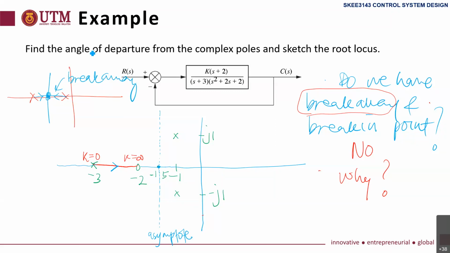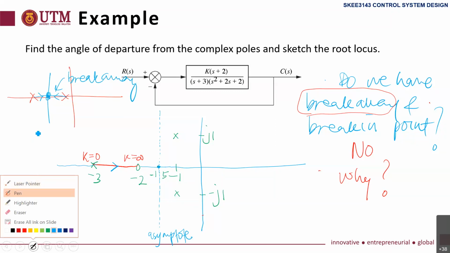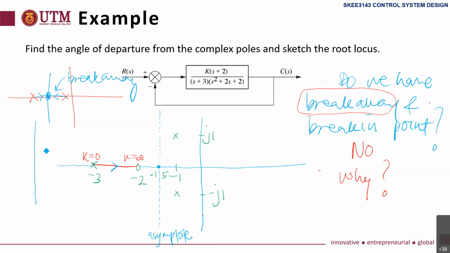How about break in? Break in happens if we have zeros with zeros. We also have root locus here, because we know it always ends at a zero, so there is always an arrow going into a zero.